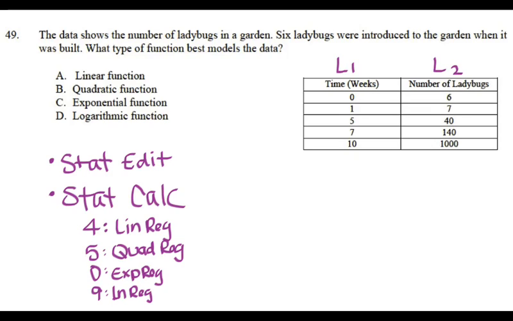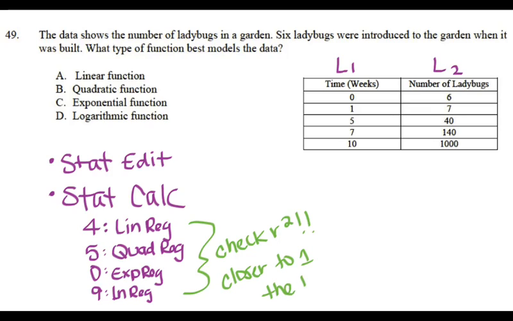Now what you're looking for, once you evaluate these, is the R-squared. The closer your R-squared is to 1, the better. So whichever function has the R-squared closest to 1, that's going to be the type of function that best models the data in your table.